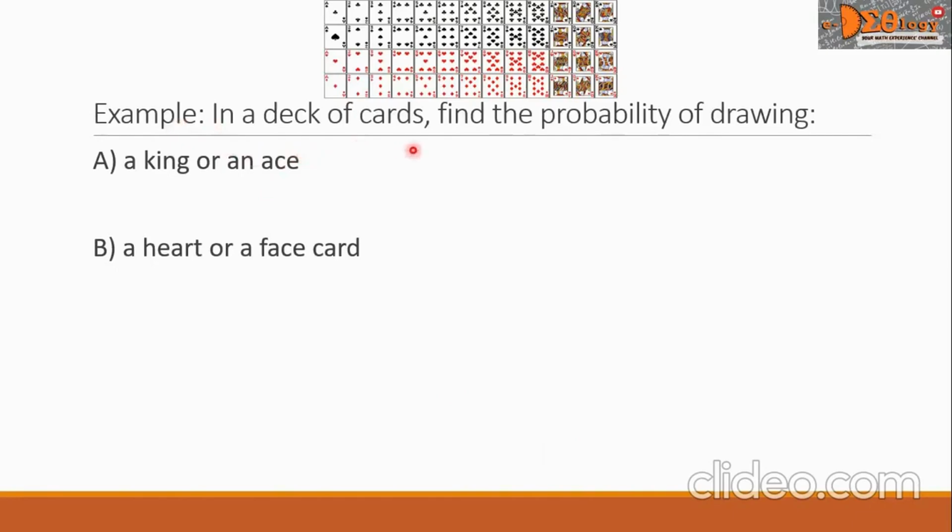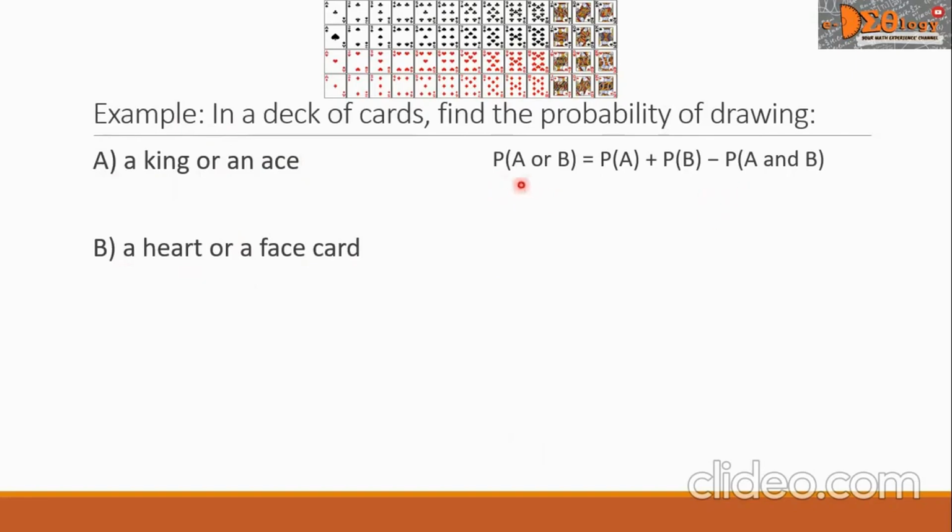In a deck of cards, find the probability of drawing letter A, a king or an ace. Letter B, a heart or a face card. Let's start with our problem A. Let us write our formula here.